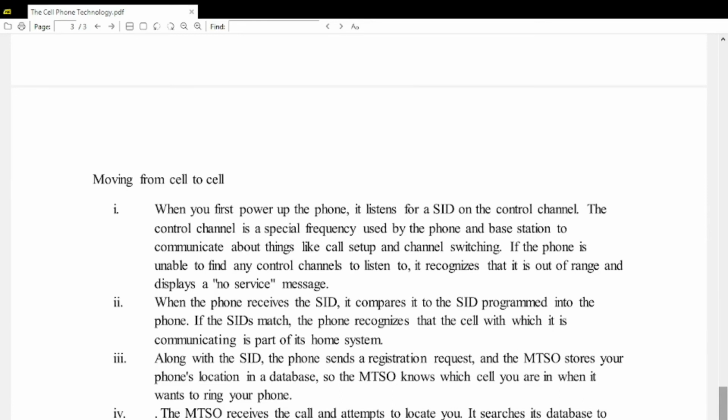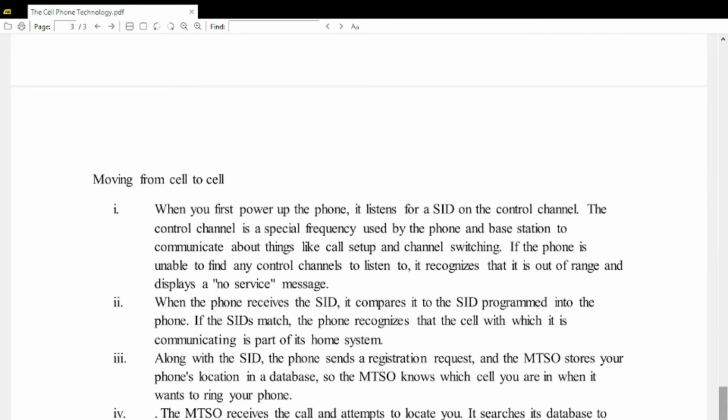Let's say a call is coming through that you need to pick, or a call is coming that is trying to seek you. So what will happen is that the MTSO will receive the call. Then it will try to locate you by searching the database to determine your phone or your cell location.